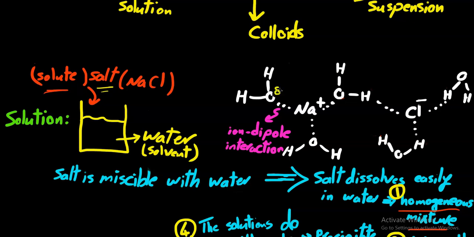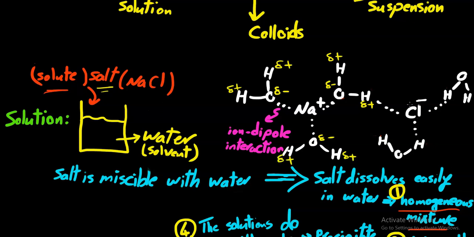So we've got oxygen partially negatively charged and hydrogen partially positively charged here, and there is a kind of electrostatic interaction between this cation and this partially negatively charged oxygen here.